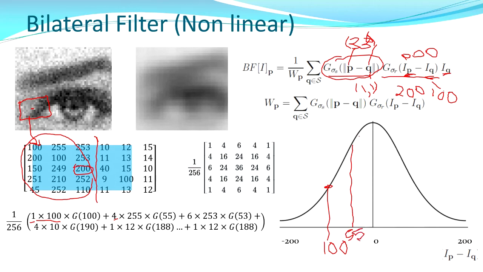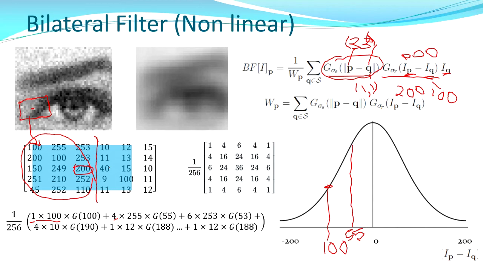Here you can see that this is going to get multiplied by a higher weight. When the pixel values are near to each other, 255 minus 200 is a small value, that is 55. So these two are near to each other, and they are going to get multiplied with a greater weight because this value is going to be higher.